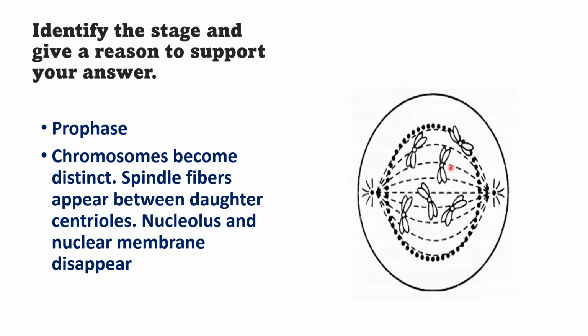Then spindle fibers appear between daughter centrioles. Then nucleolus and nuclear membrane disappear. Nuclear membrane starts to disappear. Then nucleolus also disappears. Then the stage is prophase.